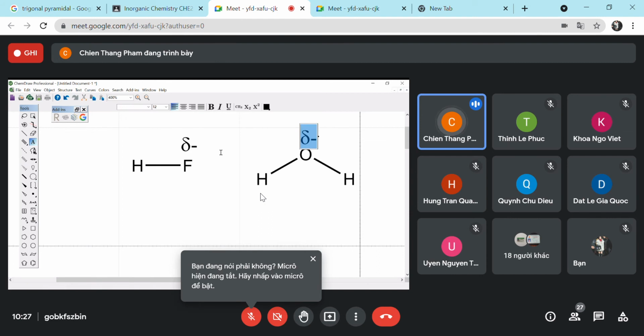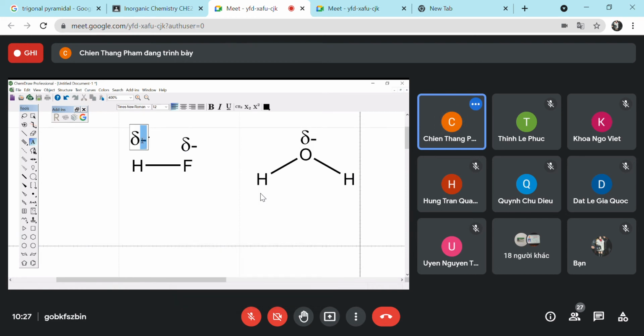And for hydrogen, in both molecules, hydrogen has a partial positive charge. Now let's see what happens when we consider the mixture of these two molecules. How many types of hydrogen bonding can form in the aqueous solution of HF?